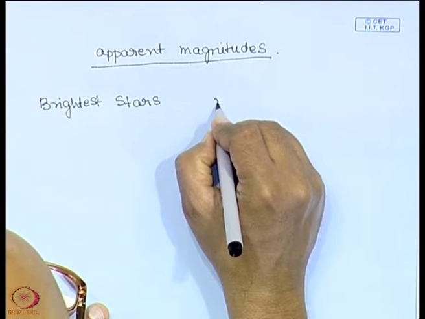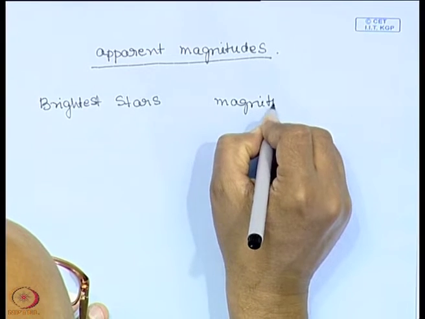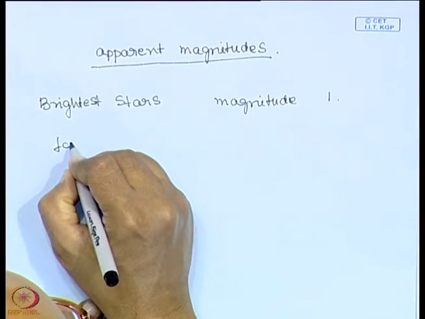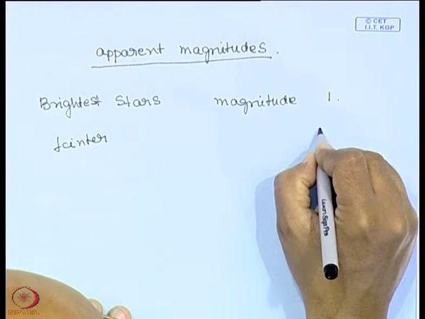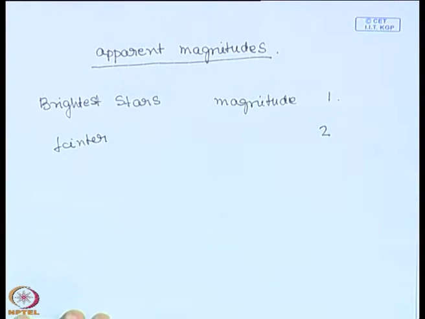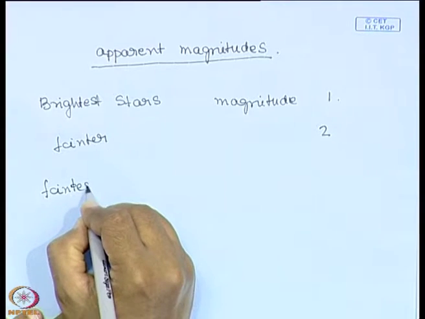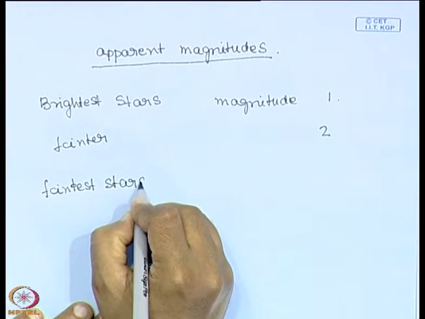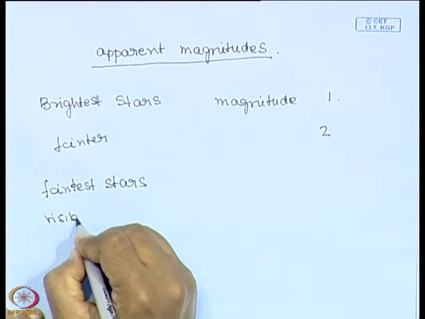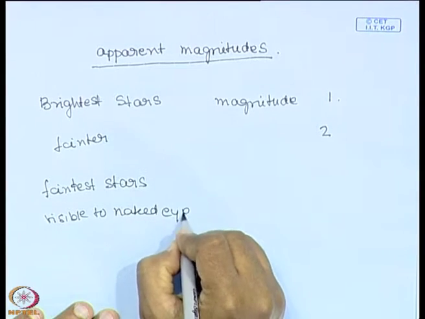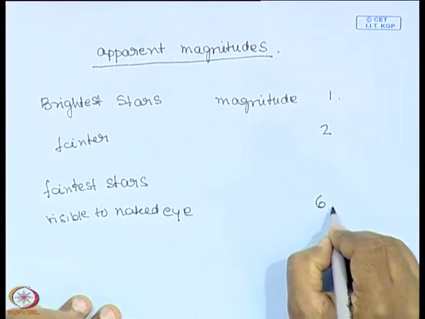Then the ones which appeared to be roughly half as bright were given the magnitude 2, and the faintest stars that are visible to the naked eye have a magnitude 6.